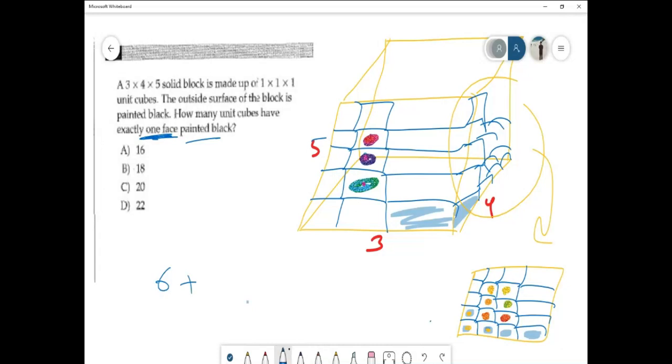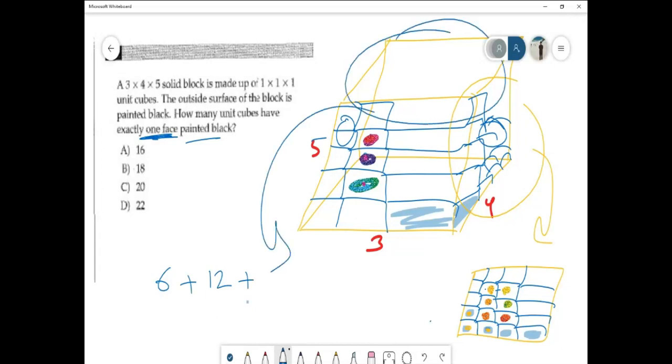So I need to find the blocks which I am painting on one side of it, which are this, and this, and this. Am I right? 4 by 5, which will be 20. So how many blocks do I have here? 6, right? I have 6 here, and I will have 6 blocks here. So it will make it 12 plus.